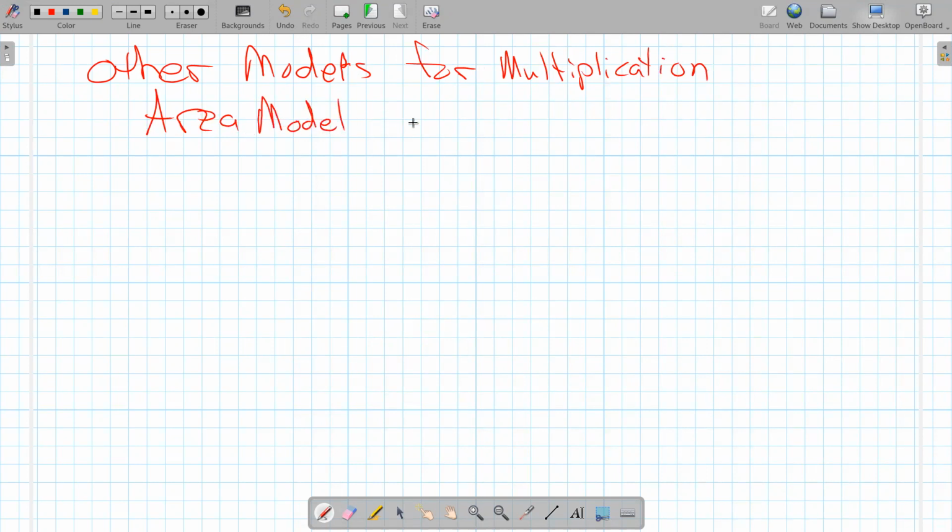And the area model deals with rectangles. And so 2 times 3 would be, say, a height of 3 and a base of 2. So 2 times, oops, I drew that too tall. Fix that, 3.